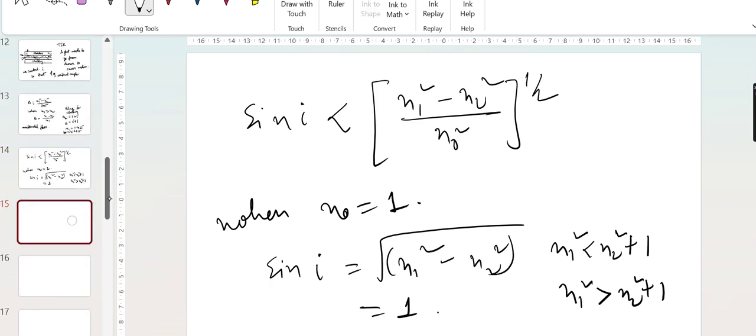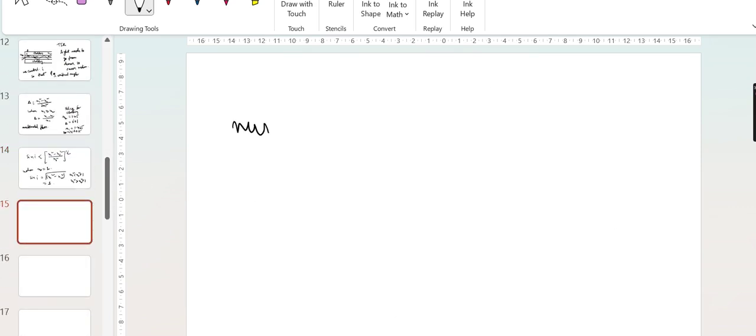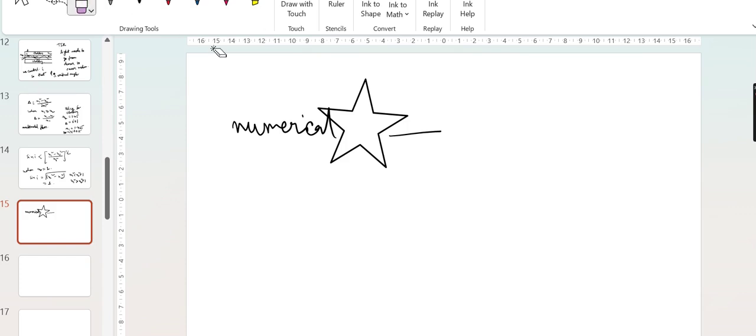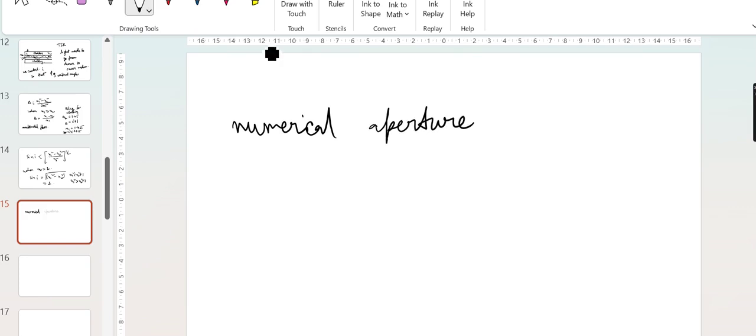So the numerical aperture for the fiber is given by this parameter, N1 square minus N2 square.